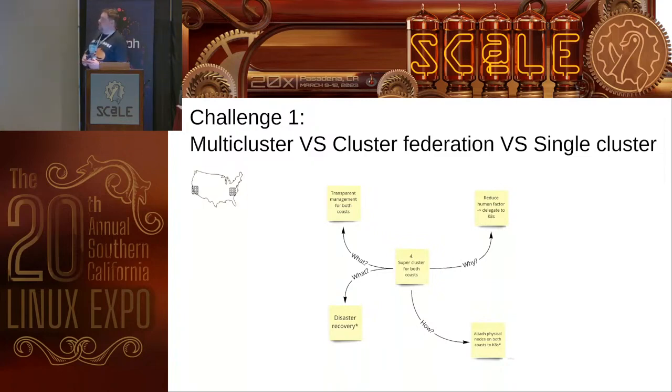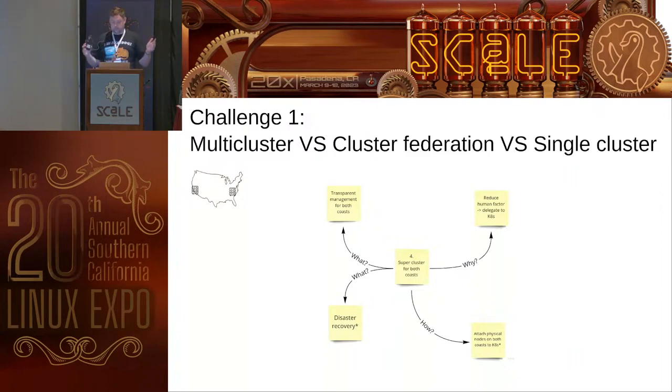So the first challenge is associated with our coastal distributed data centers, more or less. In the very beginning, we were struggling between a multi-cluster or cluster federation approach and a single cluster.